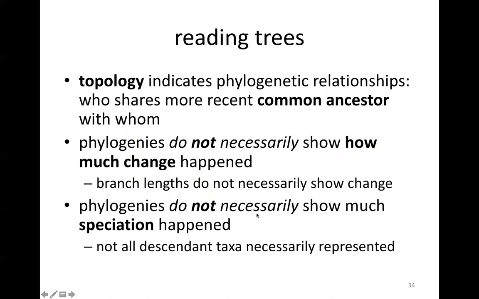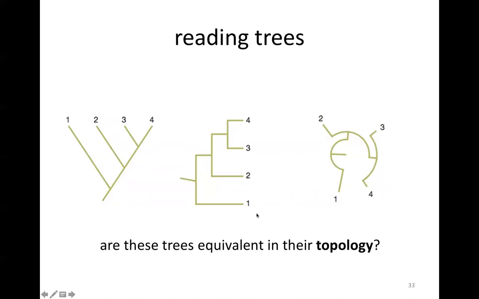Phylogenies also don't necessarily show how much speciation happened on a lineage. So here it looks as if 2, 3, and 4 are more diverse, have diversified, but it could be that actually there are more lineages here that were just not included in the phylogeny.